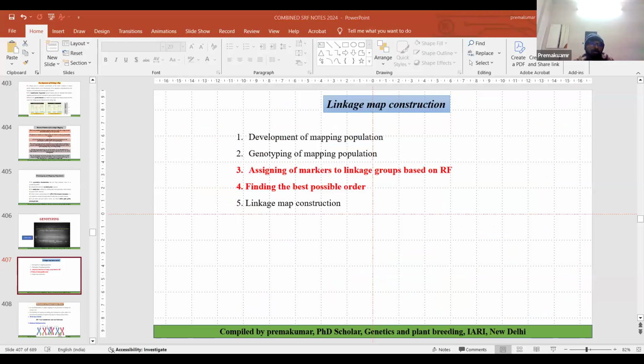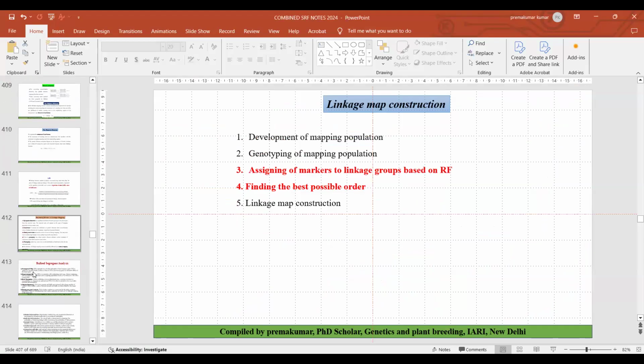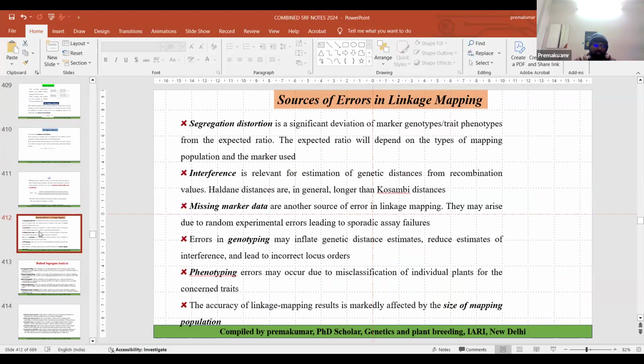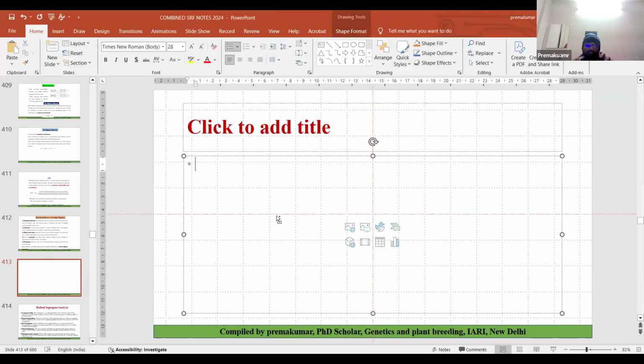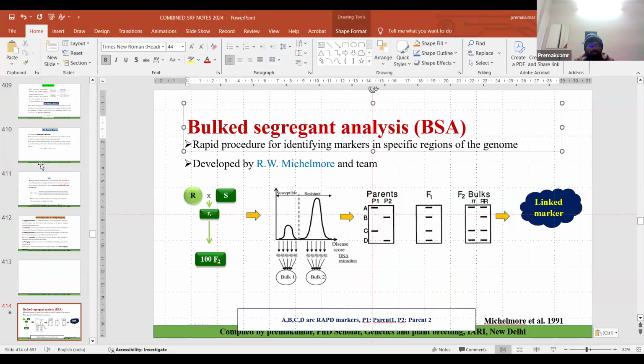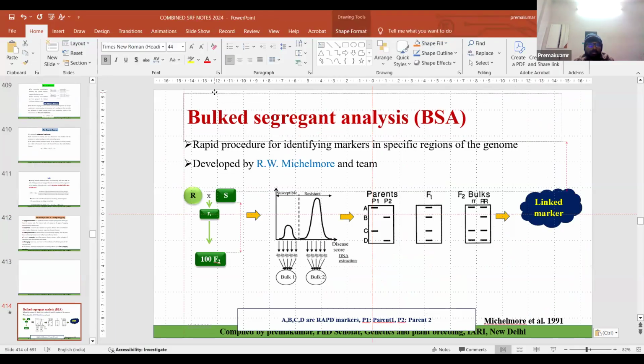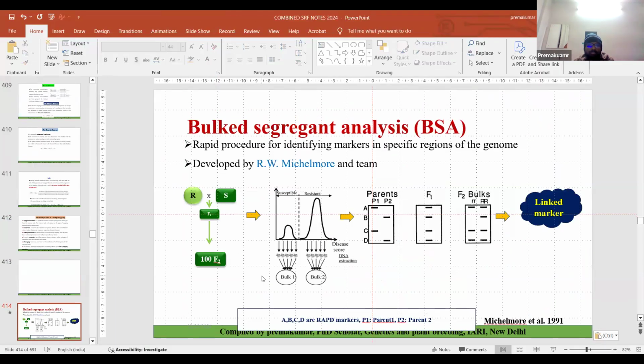Just population manipulation, sir. Nobody has an idea. From UG, we are reading bulk segregant analysis. What is bulk segregant analysis?